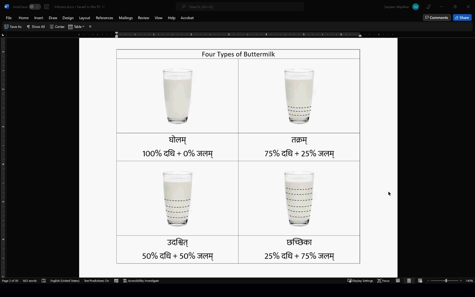Is golam considered curd, sir? Golam is like churned dadhi. There's no water added. Okay, it is buttermilk then, pure buttermilk. It is not dadhi. Add some water, it becomes takram. Add more water, udashvit. Even more water, chachika. In Hindi you can call it chach.